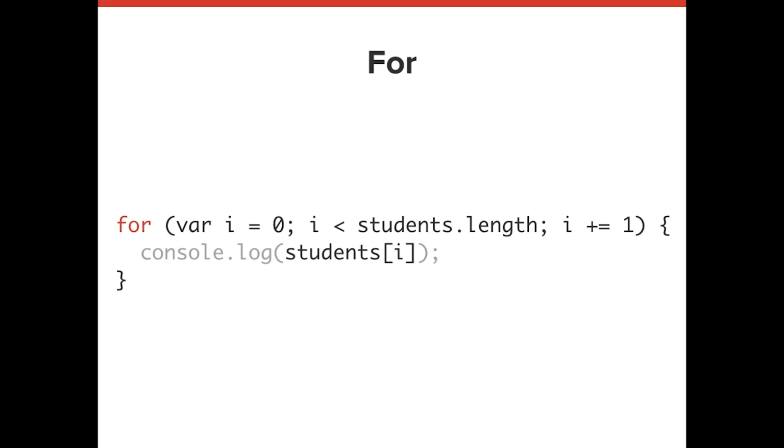And here the statement is i plus equal 1. So basically, at the end of each iteration of the loop, we will increment the i counter. And then we go again, second statement, we test the break condition, is i lesser than students.length?